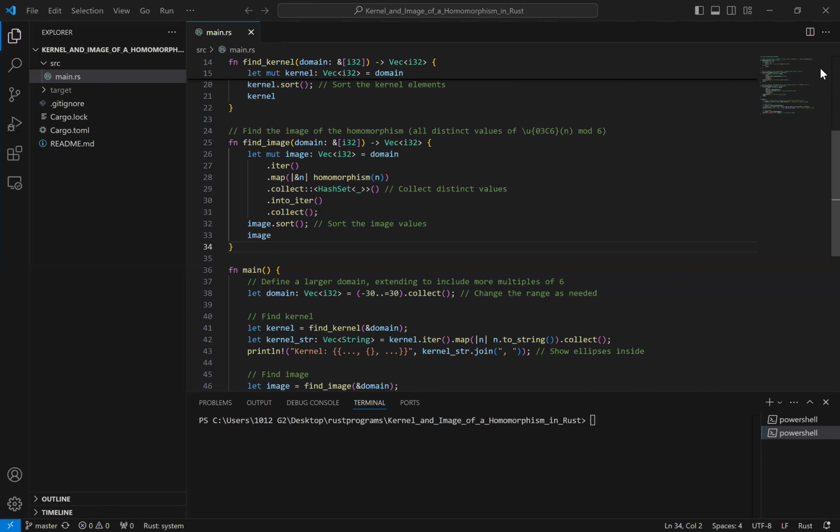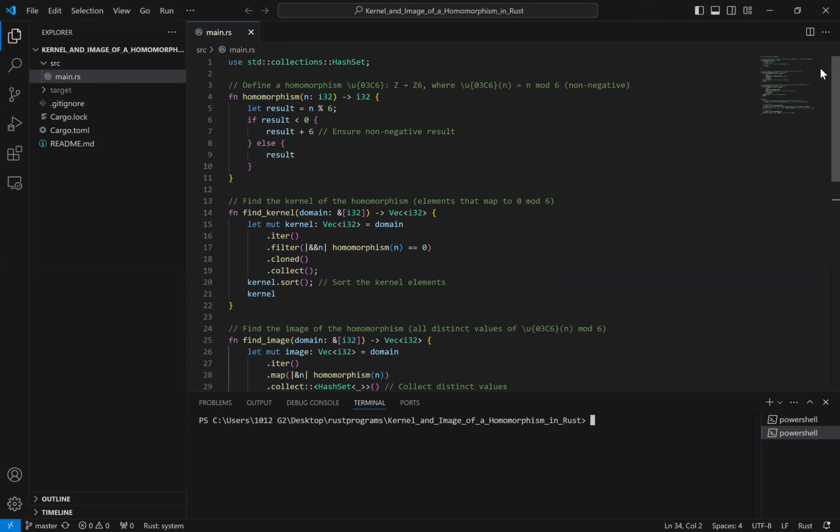Okay, that is the code. Begins with that hash set, and we say what that one is. You can see it. Is that okay?